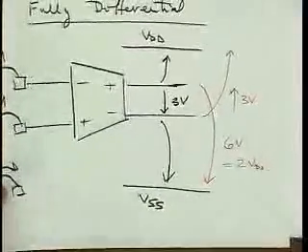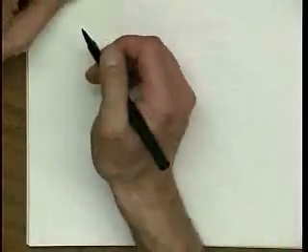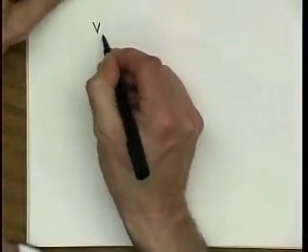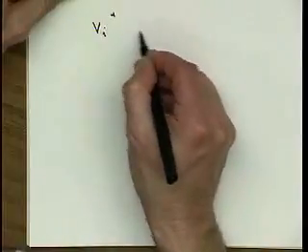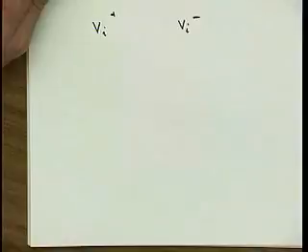Okay, now there are a few practical things with fully differential amplifiers. Both the input, we really now have 2 inputs. We have an input VI plus, and we also have an input VI minus. Most of the time, we really couldn't care less about these inputs.